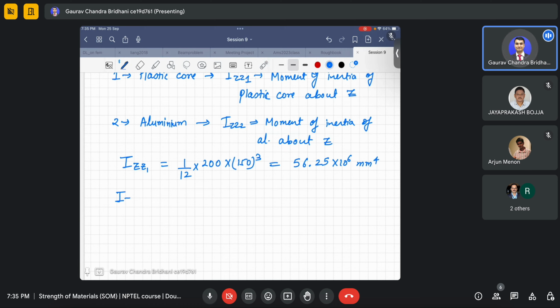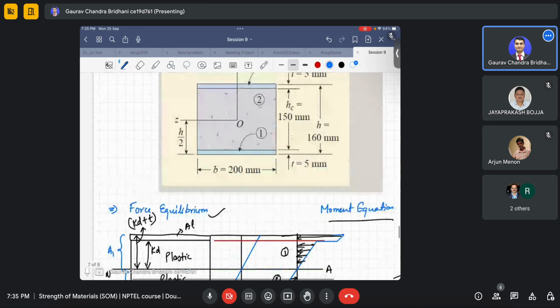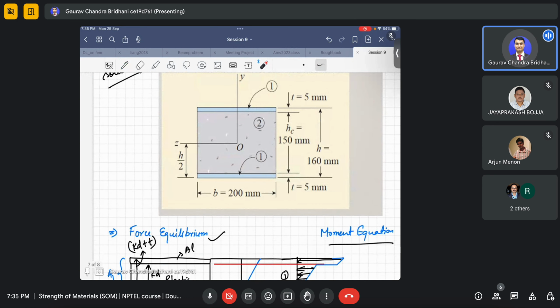Now I will find IZZ2, that is only aluminum. So let us go back to the figure. I need to find it about this axis for this area and this area. One way is to first find it about the centroid of this small area, then apply the parallel axis theorem to shift it here, and then double it, because there is a similar area of the same dimensions at the same distance.